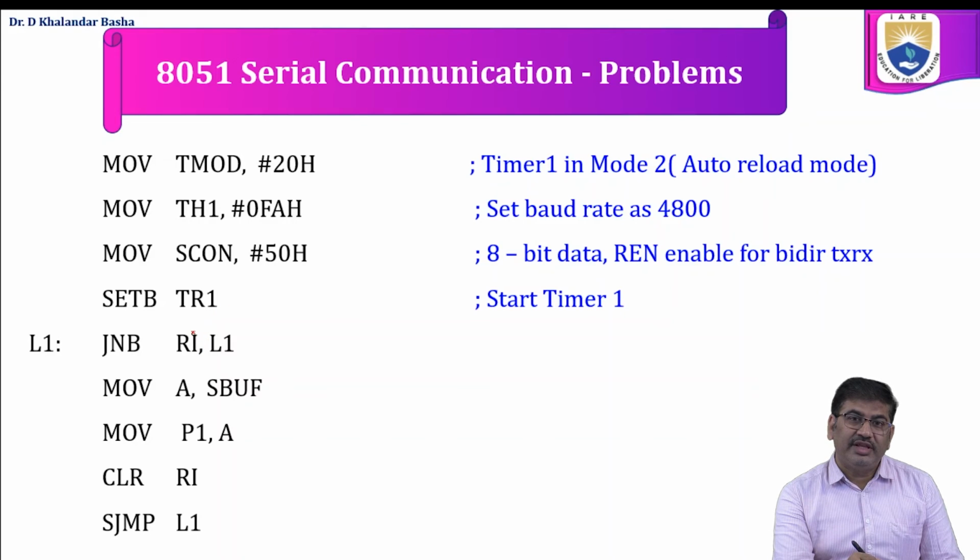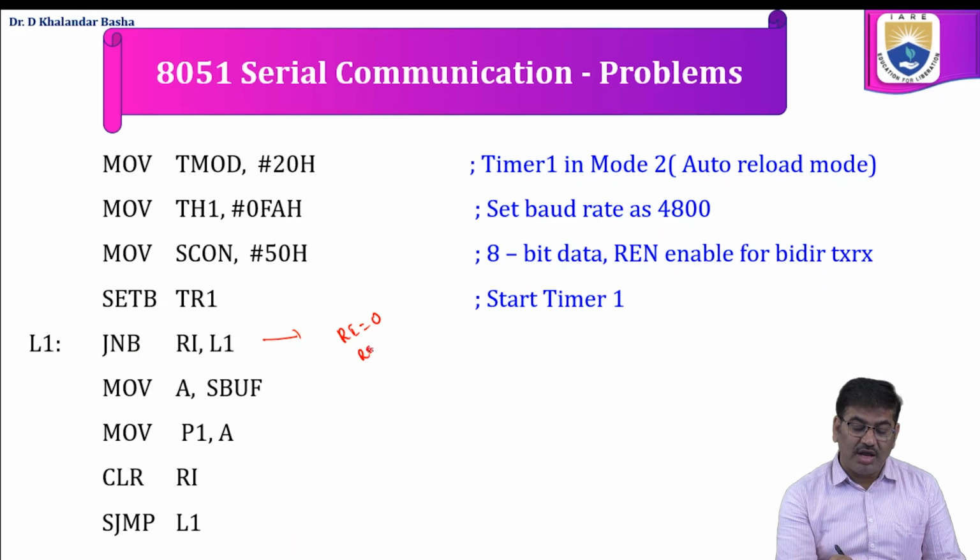First we check whether the receive interrupt is active or not by using the JNB instruction. This instruction will check whether RI is equal to 0 or RI is equal to 1. If RI is equal to 0, that indicates the receiving of the data is still taking place. So we wait, that is, we keep polling the receive interrupt RI.